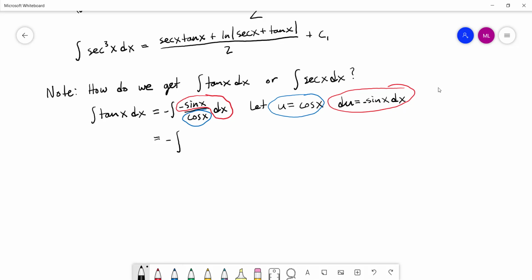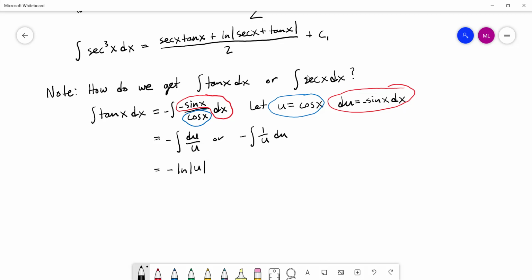And so we just have the negative integral of du over u, or negative integral of 1 over u du, if that's easier for you to spot. This is something that integrates to natural log, right? The integral of 1 over x is natural log of the absolute value of x. This is one we learned back in Calc 1. So this is going to be the negative natural log of the absolute value of u.